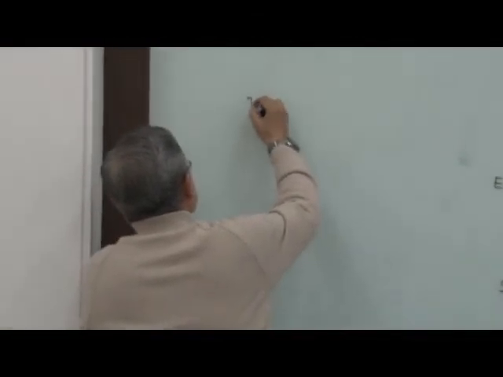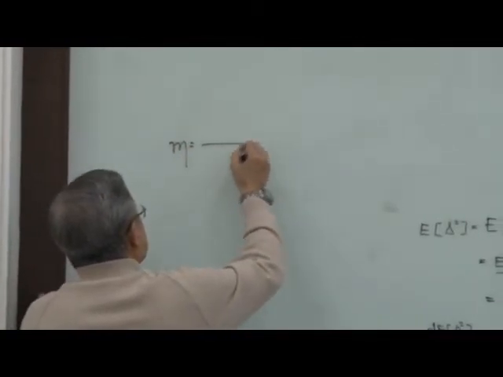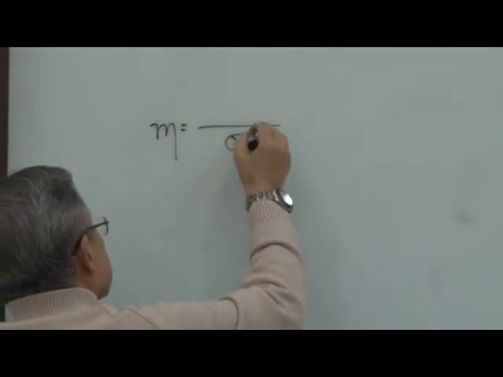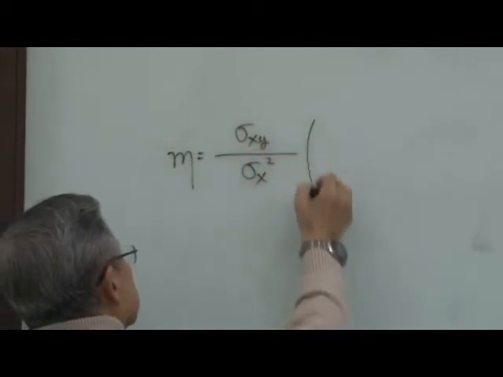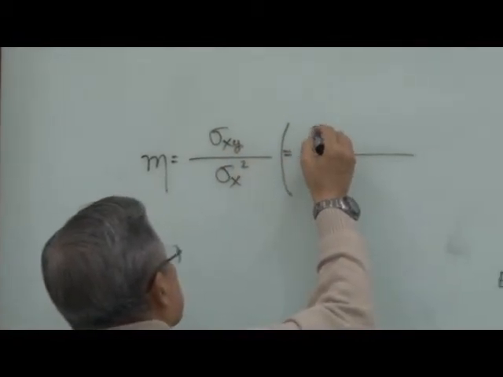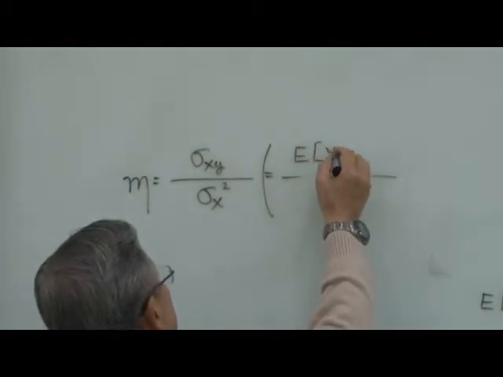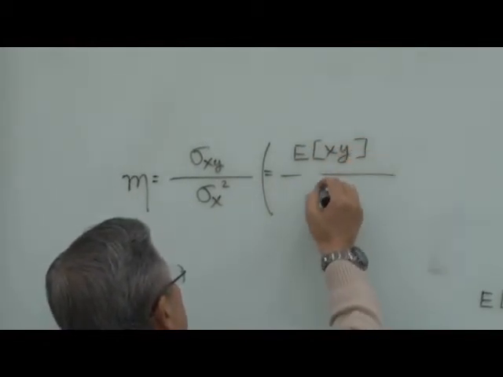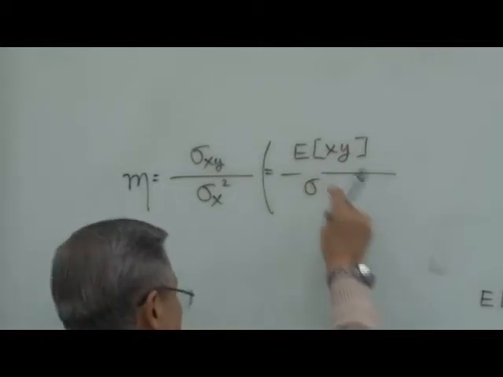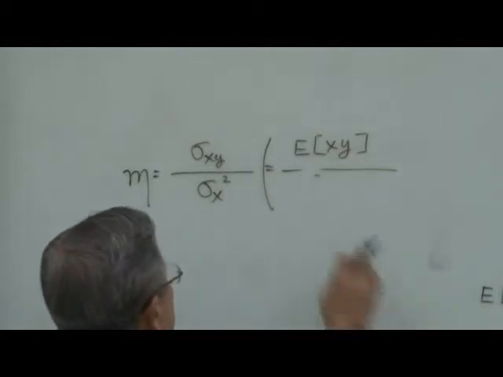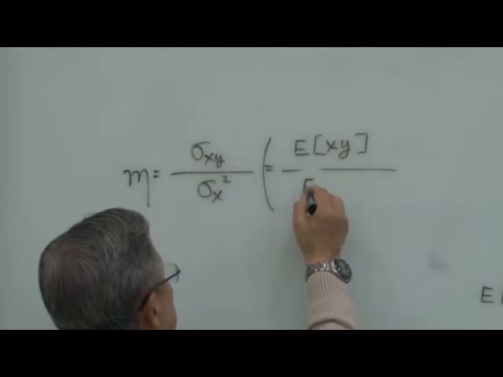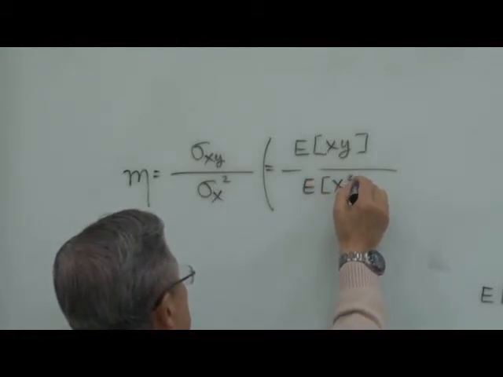So this M is what we just determined. M is equal to sigma x squared and sigma xy, which is really the same as the expected value of xy. This is E[x squared].